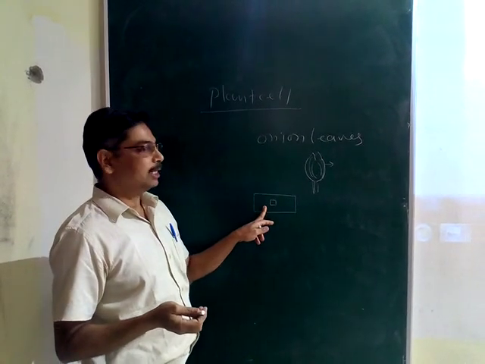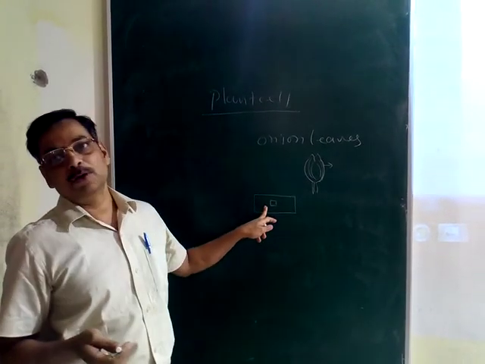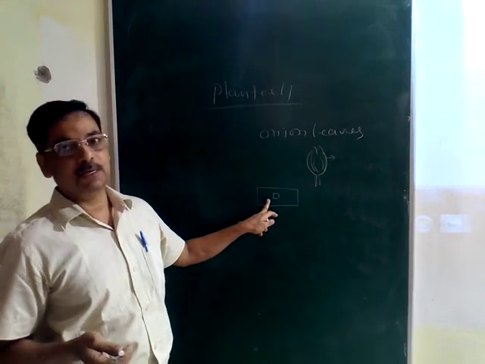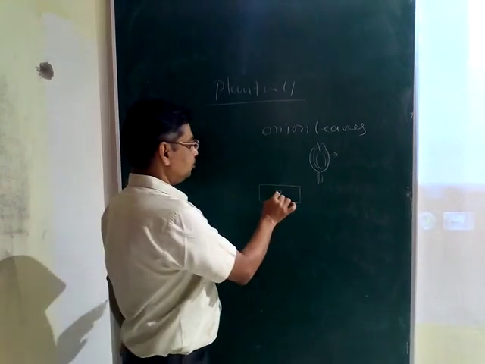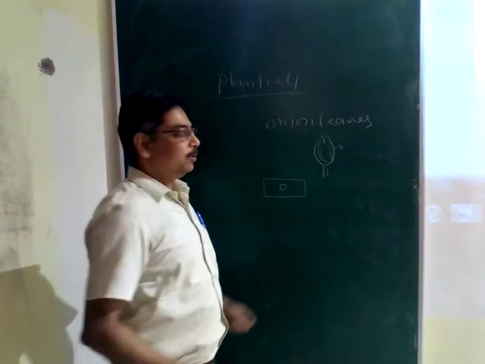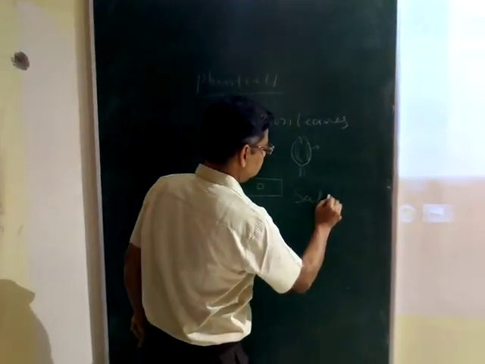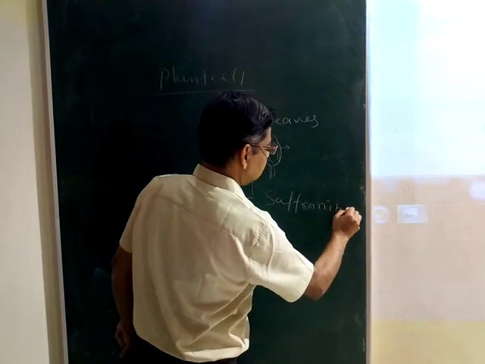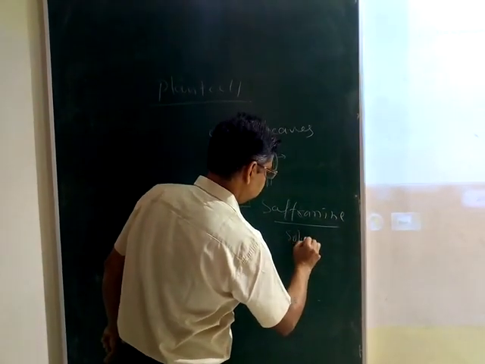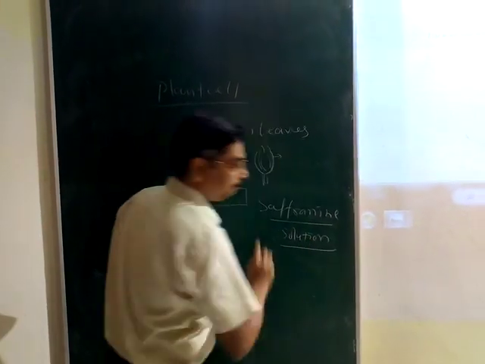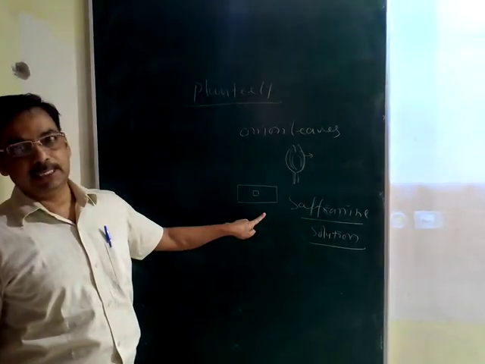After putting it over the slide, we put 2-3 drops of water so that it may not dry up. And after putting the water, we also put 1 or 2 drops of safranin solution. This safranin solution is red in color.